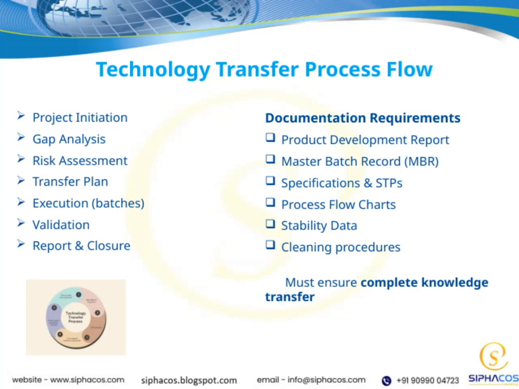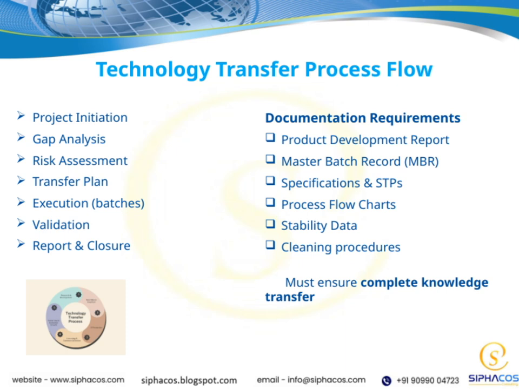Let's take a closer look at the documentation requirements essential for a successful technology transfer. First, we have the Product Development Report, which provides the comprehensive background and development data for the product. Then, the Master Batch Record, or MBR, serves as the detailed blueprint for manufacturing, ensuring consistency and quality. Specifications and STPs, or standard testing procedures, define the product's quality parameters and testing methods.